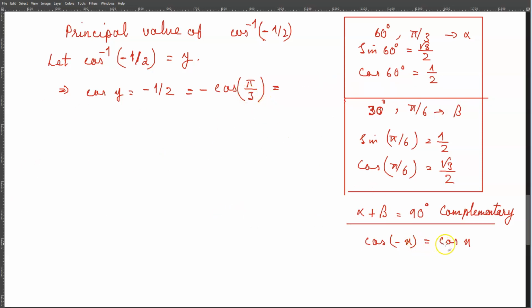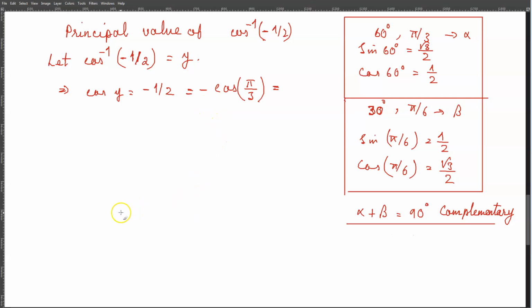Which means that when I have the cos of pi by 3, I can write it as the cos of, okay, so I thought about this for a few moments, and I think there is no way to solve this problem this way. So what we can do is that we can actually use the unit circle.